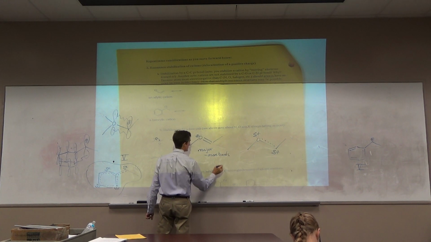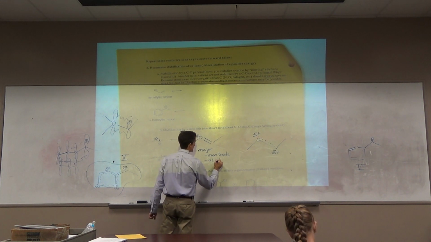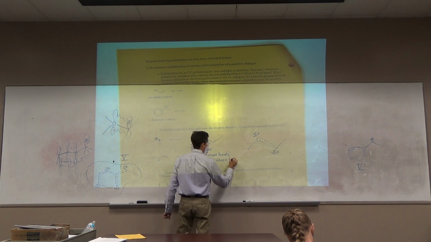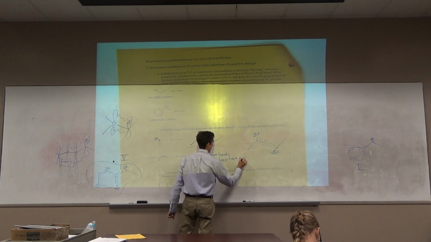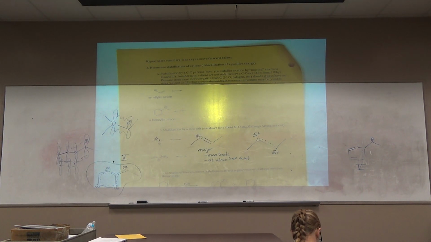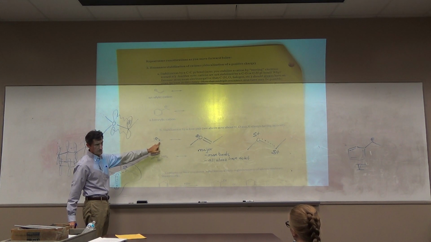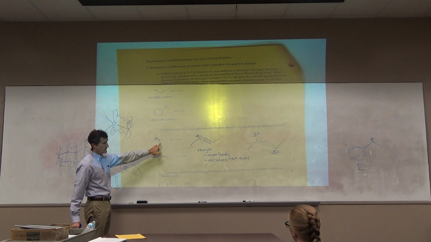Bonds is a better thing. We can also say all atoms have an octet. Is that true? In that structure, do all atoms have an octet? Yeah. Whereas over here, the carbon did not have an octet. Only 3 bonds, 6 electrons around that carbon. It's a better structure.